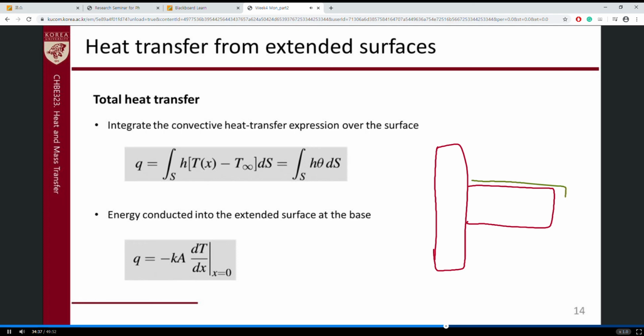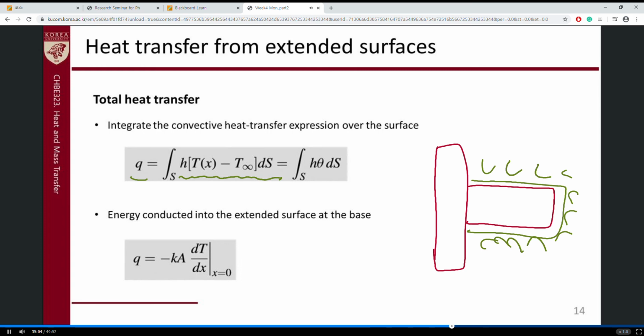On all of this surface, there might be convection, right? And after we integrate all of those convections, then we get the heat transfer, right?